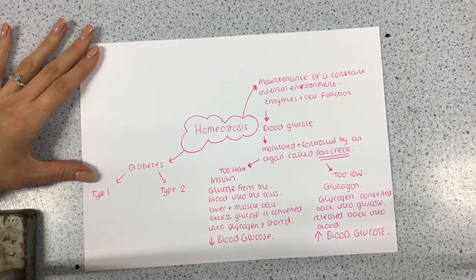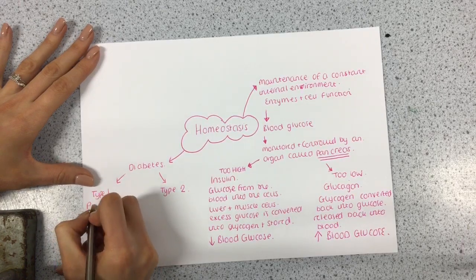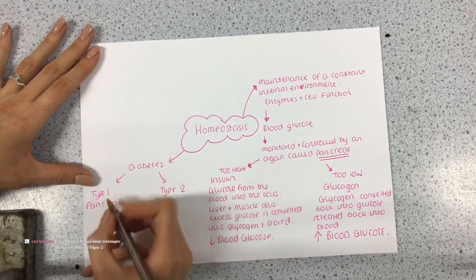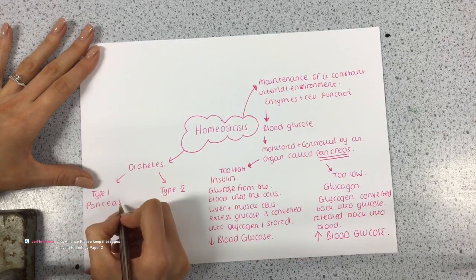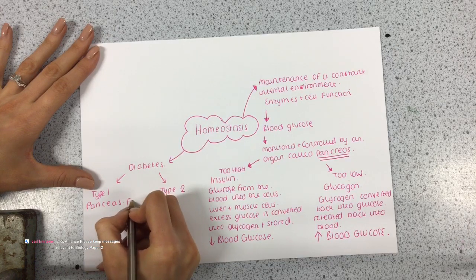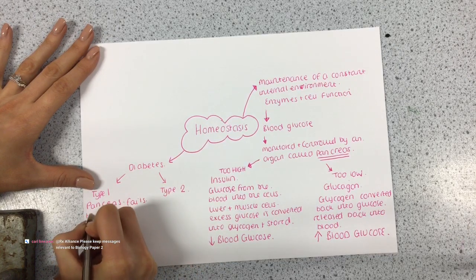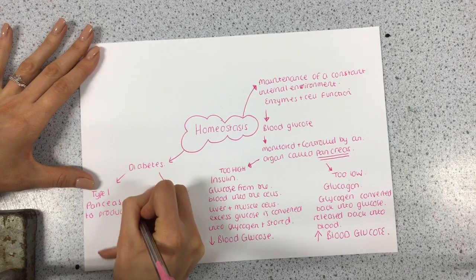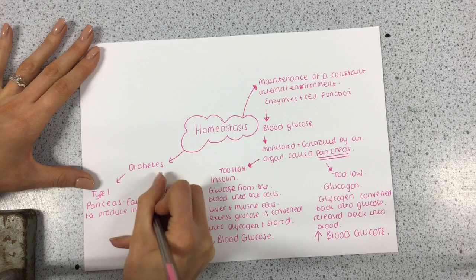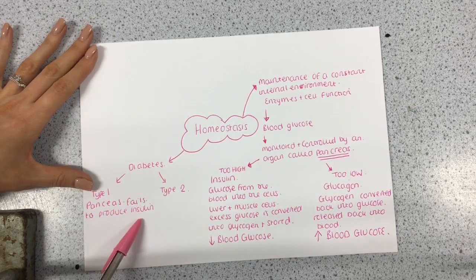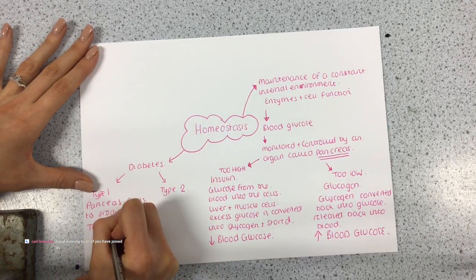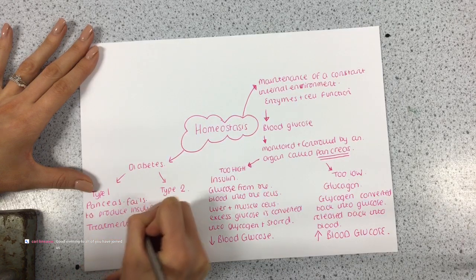Type 1 diabetes is where your pancreas, remember that's the organ that monitors and controls our glucose, fails to produce any insulin. So if it's not producing insulin, then we can't lower our blood glucose levels when they become too high. A treatment for this is to have an insulin injection.